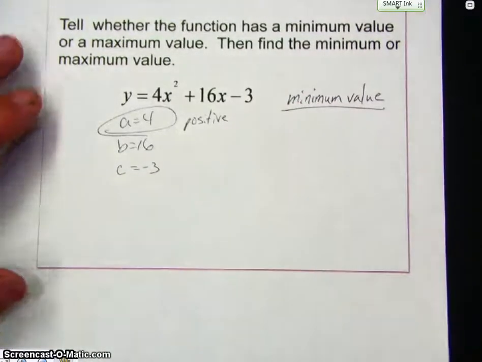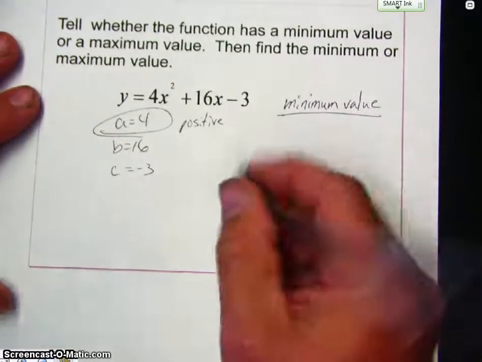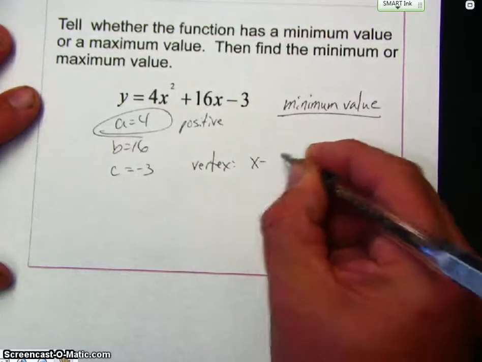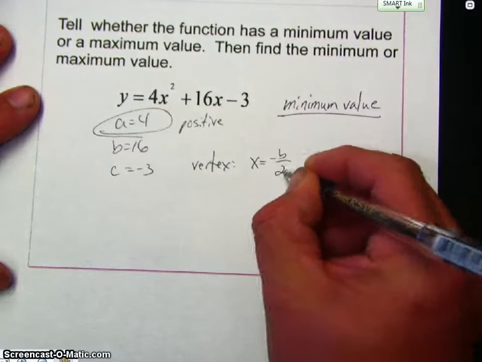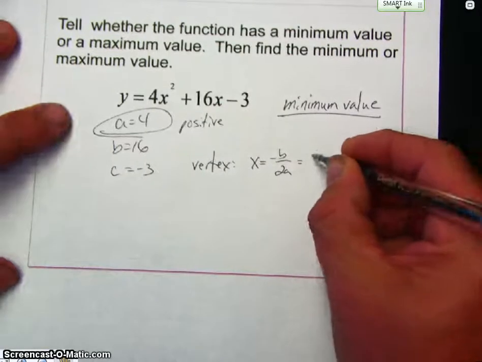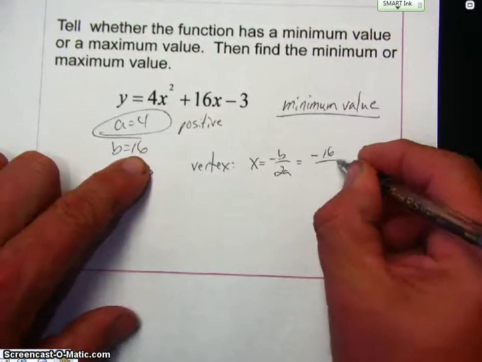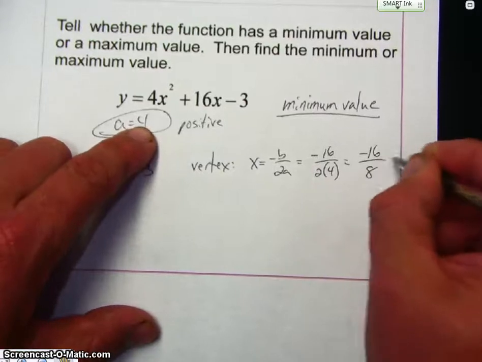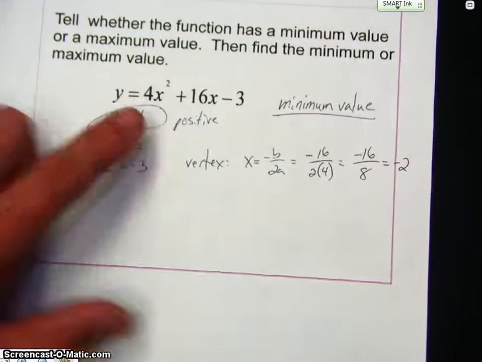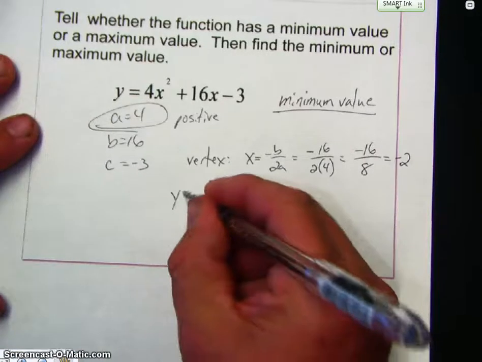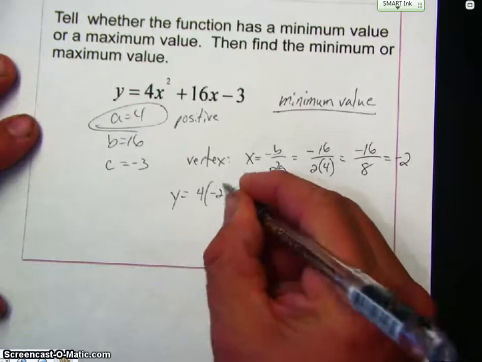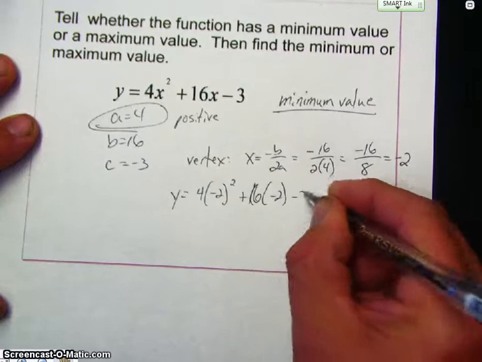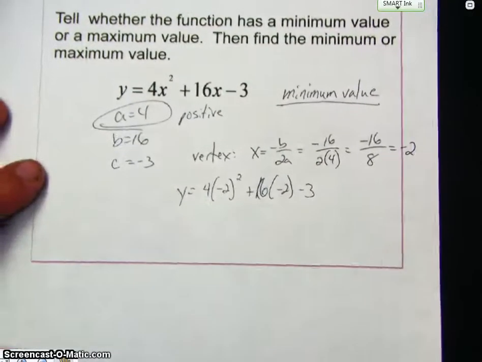Then find the minimum value. That means I have to find the vertex. So x equals negative b over 2a. Negative b is negative 16 over 2 times 4, so negative 16 over 8 gives me negative 2. Now I take negative 2 and plug it in for x, and do order of operations.